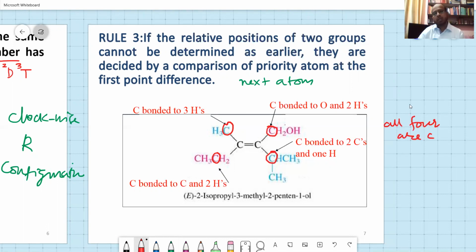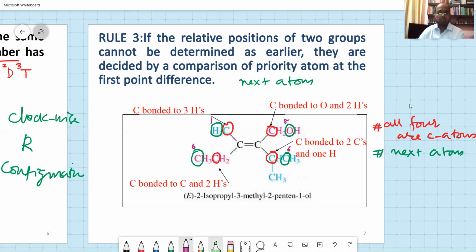are carbon atoms. Okay. When you have all 4 as carbon atoms, as per rule 3, you have to look at the next atom. Here the next atom is carbon, the next atom is hydrogen, the next atom is oxygen, the next atom is carbon. Okay. Now you have to make a priority of that. Oxygen has an atomic number of 8, this has atomic number 6, this has atomic number 1, and this also has 6. So 8, 6, 6, 1.